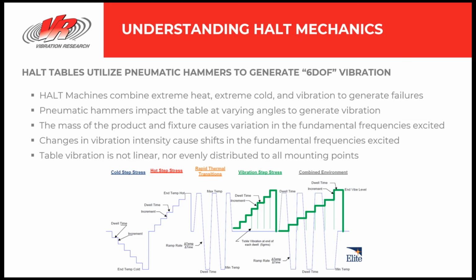This ends up generating vibration in different frequency ranges based on how much mass is on the table, and as you increase amplitude, the excitation frequencies shift higher as well. We'll see that through some of the data that I have collected. In the end, the key is that the table vibration is not linear across the entire table, nor is it evenly distributed across all mounting points.